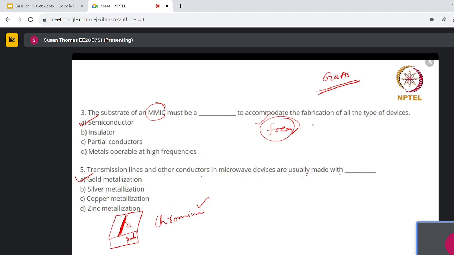Or if it could be compromised to some extent, then the material will have some changes. Say, for example, if you want a mirror, there could be gold mirrors which will have the maximum reflectivity, and it could be silver, which will have some amount of reflectivity a little less than gold.